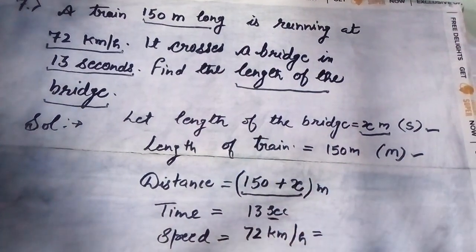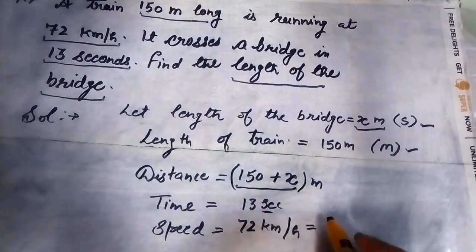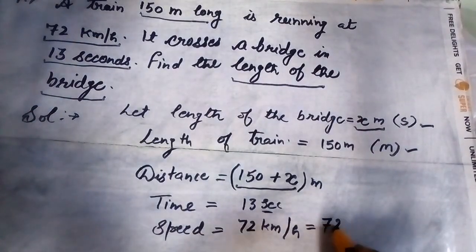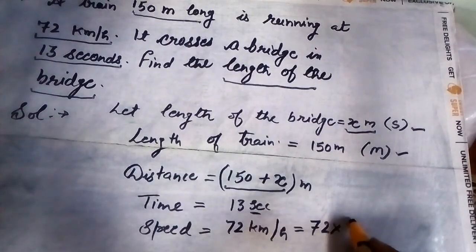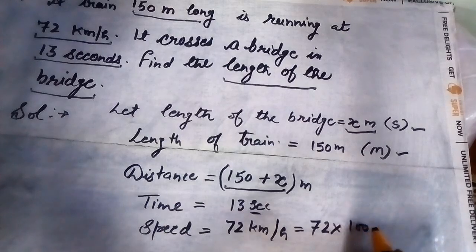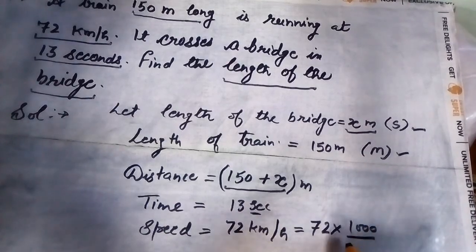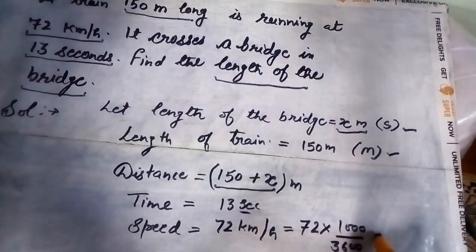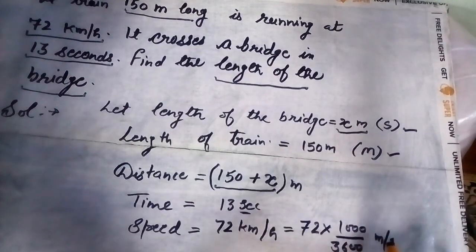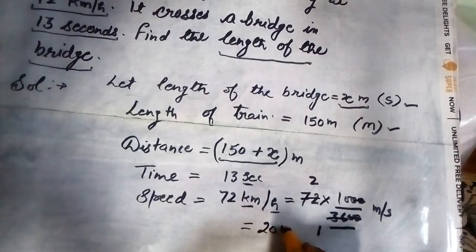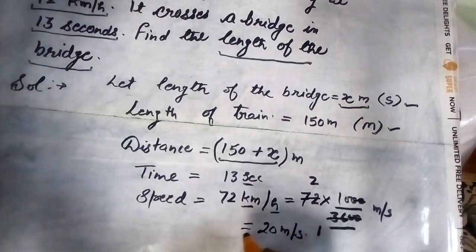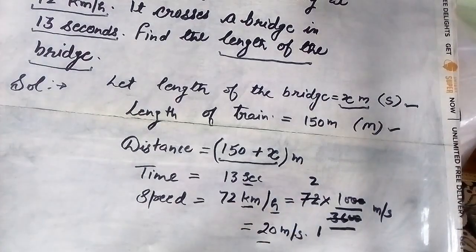So your speed must be meter per second. So convert it, 72 multiplied by 1000, because 1 kilometer is equal to 1000 meter, we discussed already, upon 1 hour is 3600 seconds. Now simplify it. This will come equal to 20 meter per second.